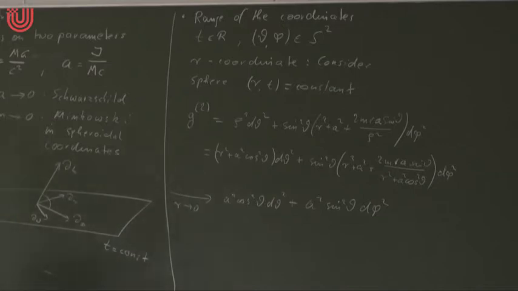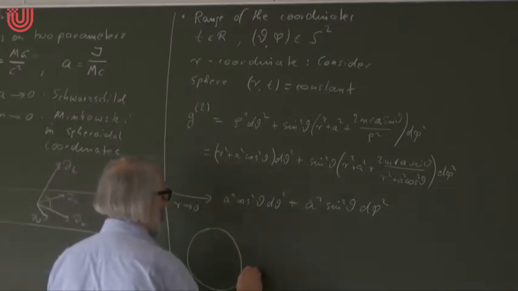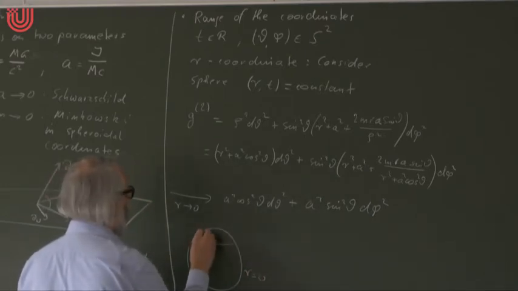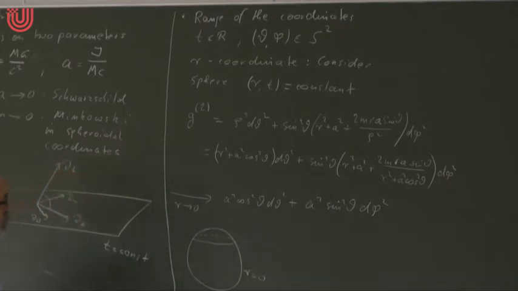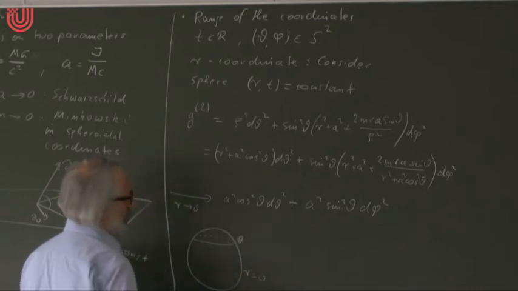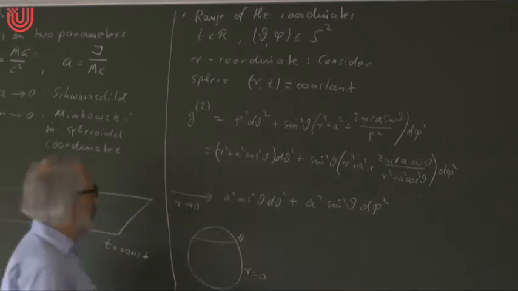So for instance, we can calculate the length. If we have here the sphere r equals 0, and we consider such a circle of constant latitude, say theta, and I want to calculate the length of this circle, then I can read this.